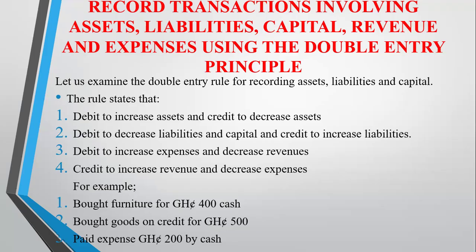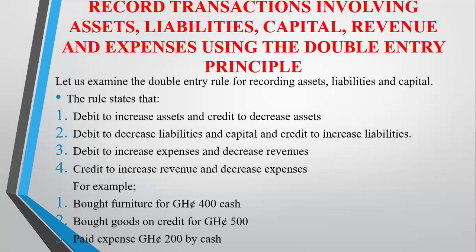So the double entry principle is saying that we should debit to increase an asset and we should credit to decrease an asset. That is, if a transaction occurs and it is increasing an asset, we should debit the book involved in this transaction.